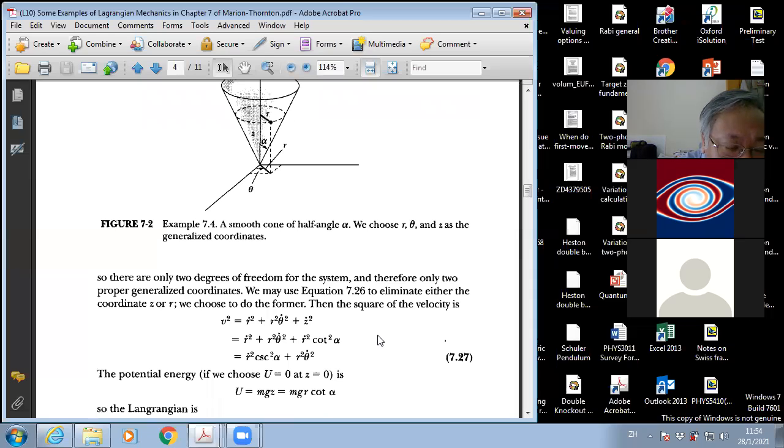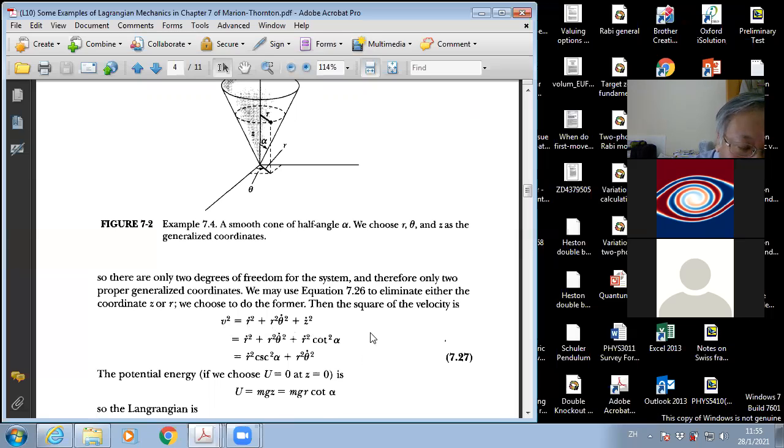Now we try to write down the kinetic energy. To begin with, we identify the velocity square first. So velocity square is equal to r dot square plus r square theta dot square plus z dot square, all right?